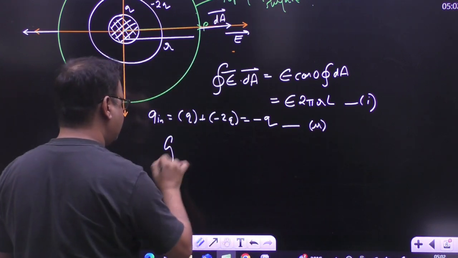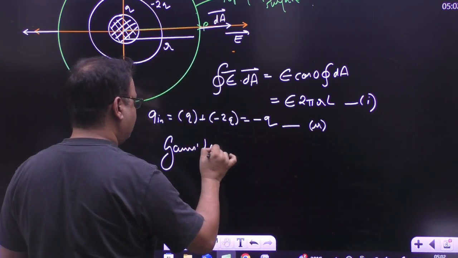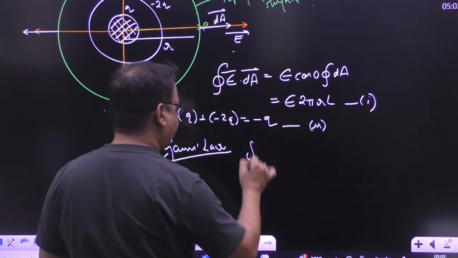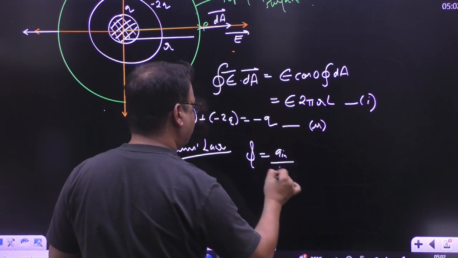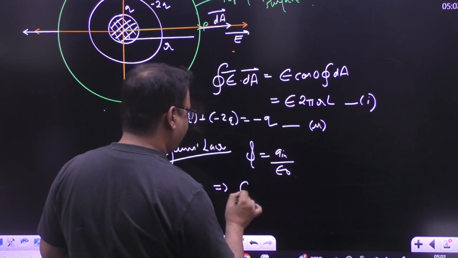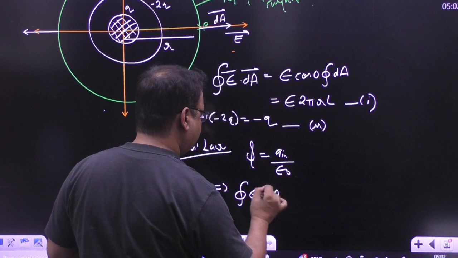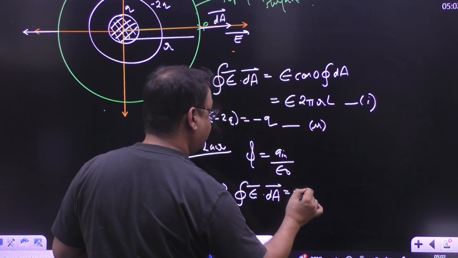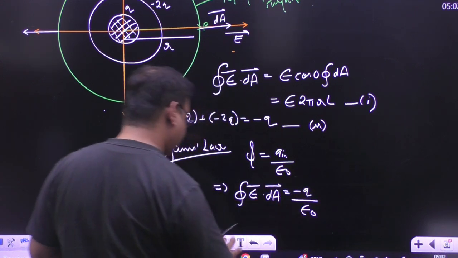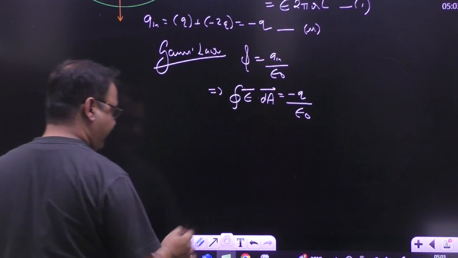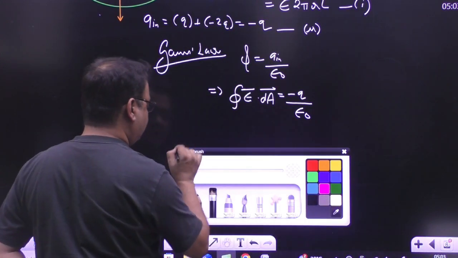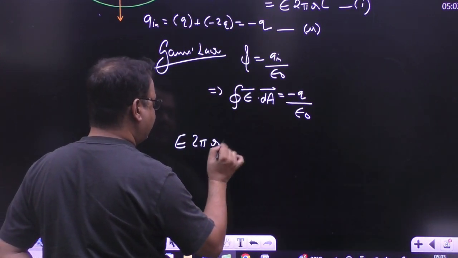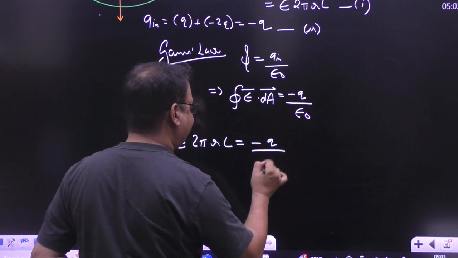Now apply Gauss's law. You'll get flux equal to Q enclosed by epsilon naught, and flux is the integral of E dot dA, where Q enclosed is minus Q, so it equals minus Q by epsilon naught. So you will get E times 2 pi R L is equal to minus Q by epsilon naught.